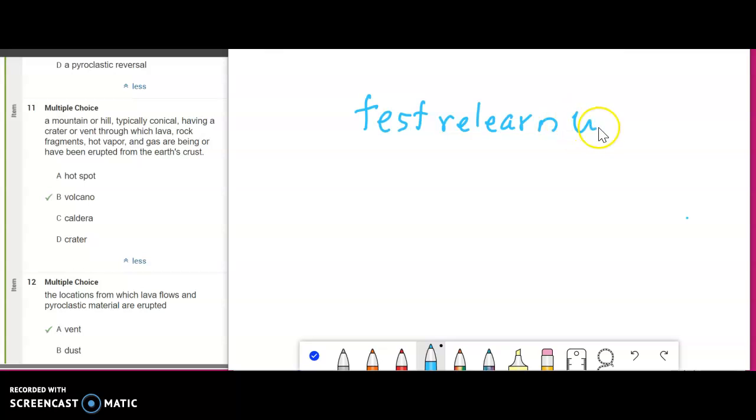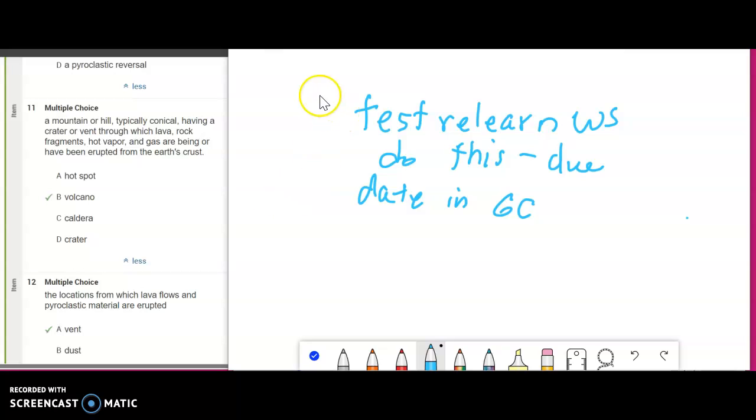So you're going to do this. And your due date is in your Google Classroom. And then, you're going to turn this in Google Classroom.